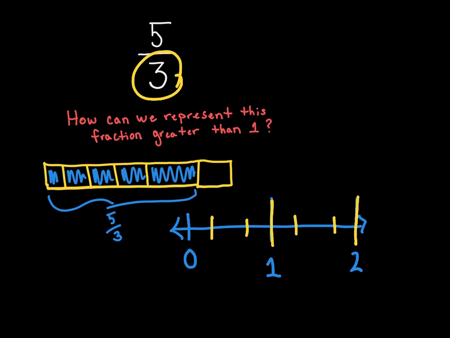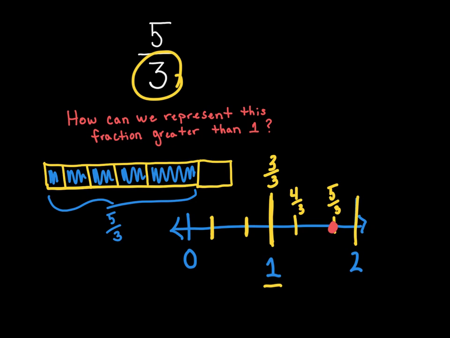Okay, now where would 5/3 go? Well, we have 1/3, 2/3, 3/3. Remember I said when the numerator and the denominator are the same, it equals 1 whole. Then we have 4/3, and there it is. There is 5/3 on the number line.